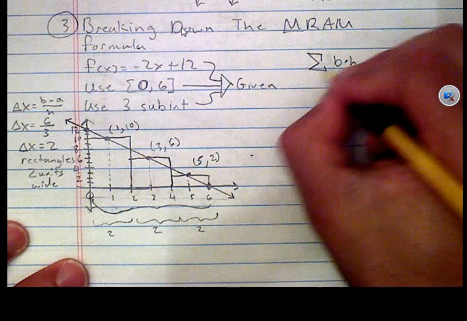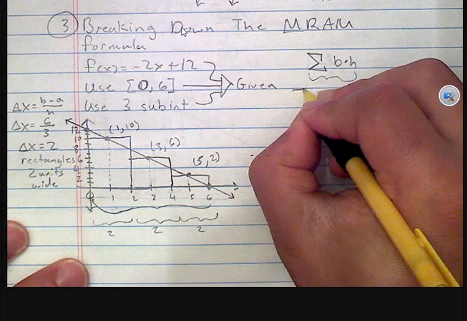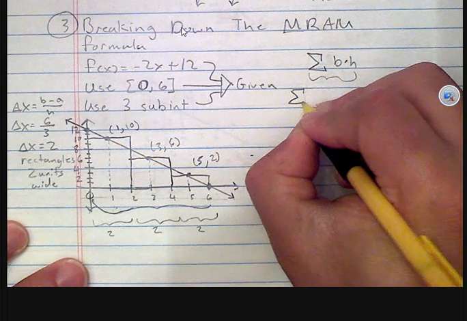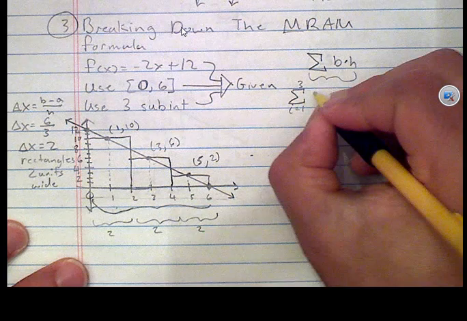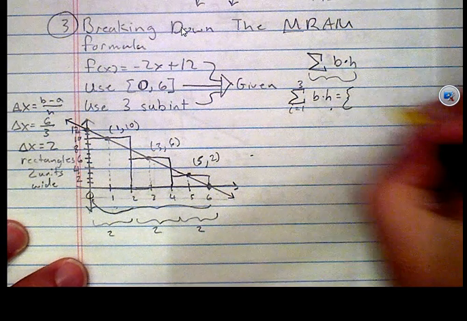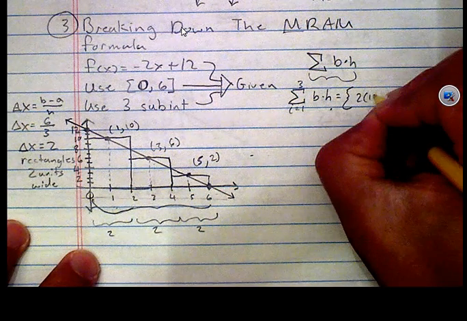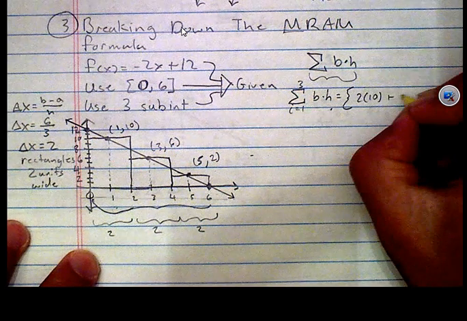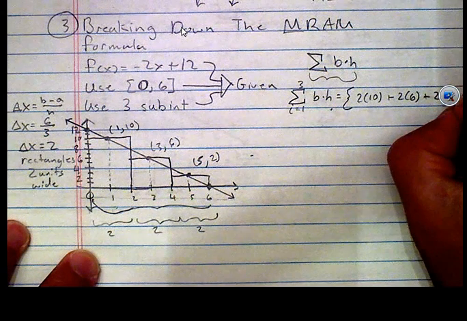So we start off with this, where we've got how many rectangles? 3. So i equals 1 to 3, base times height. Base is 2 times height is 10, so 2 times 10 plus 2 times 6 plus 2 times 2.